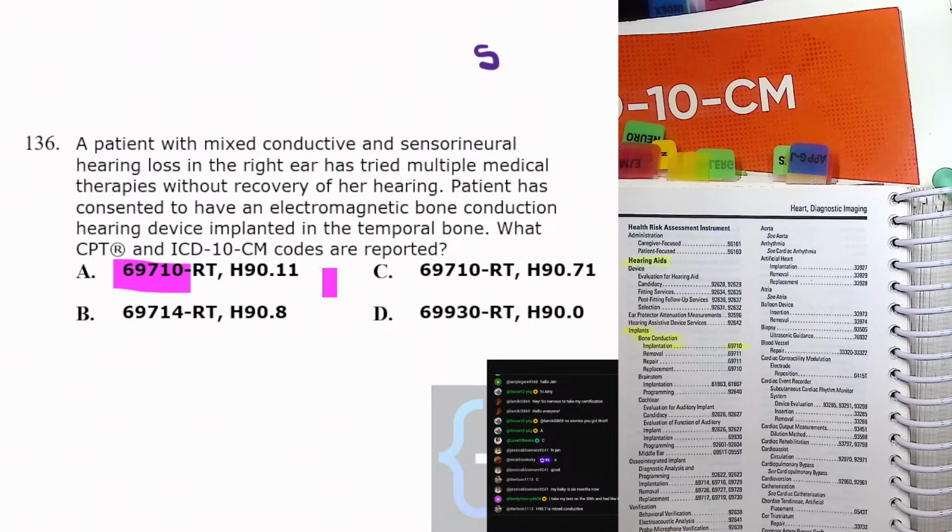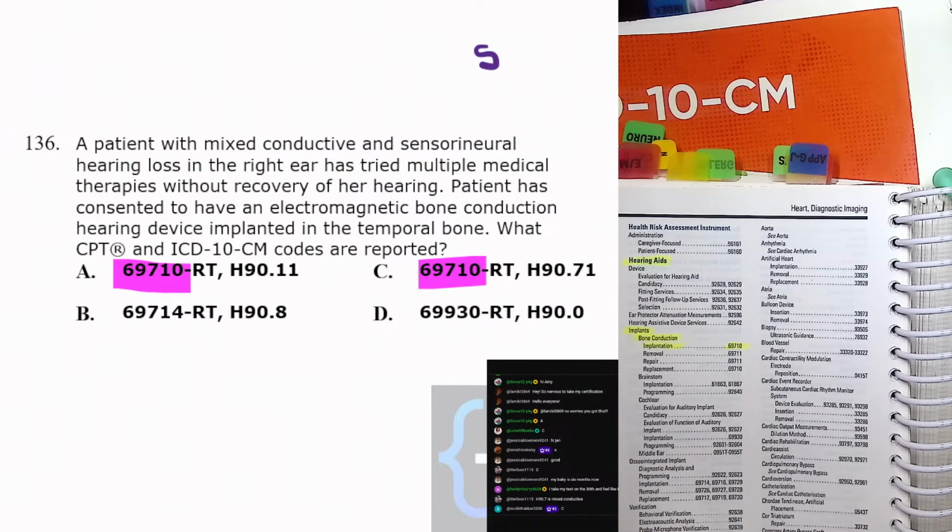AAPC has a pattern. They even tell you on the website at aapc.com. If you go to the CPC certification exam, they have a list of things you can expect to see during the exam. One of them is when you see the same answer listed in two available answers, there's a reason for that.